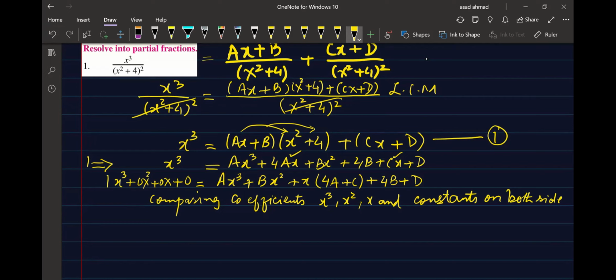We can notice that the coefficient of x raised to power 3 on the left hand side is 1, and on the right hand side the coefficient is a. So a equals 1, and it would be the second equation.